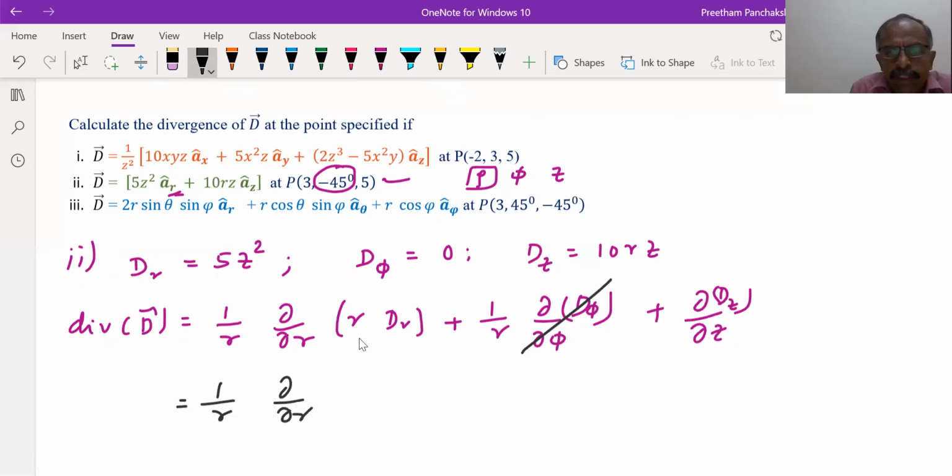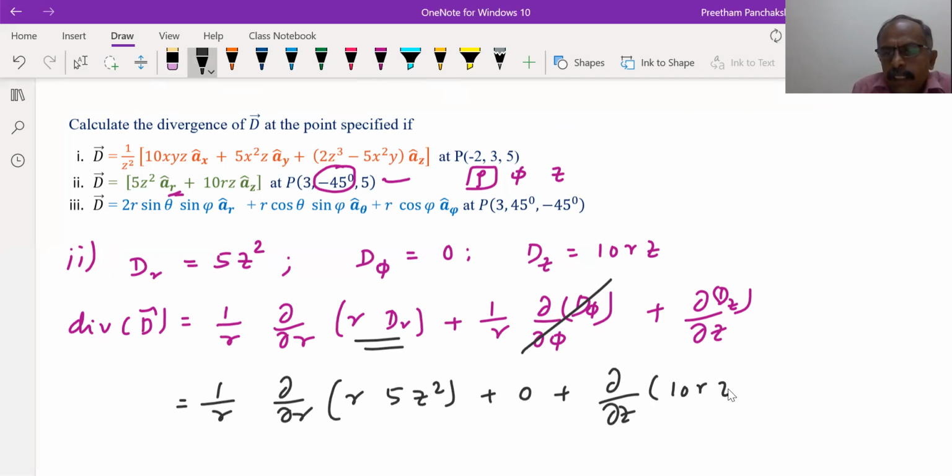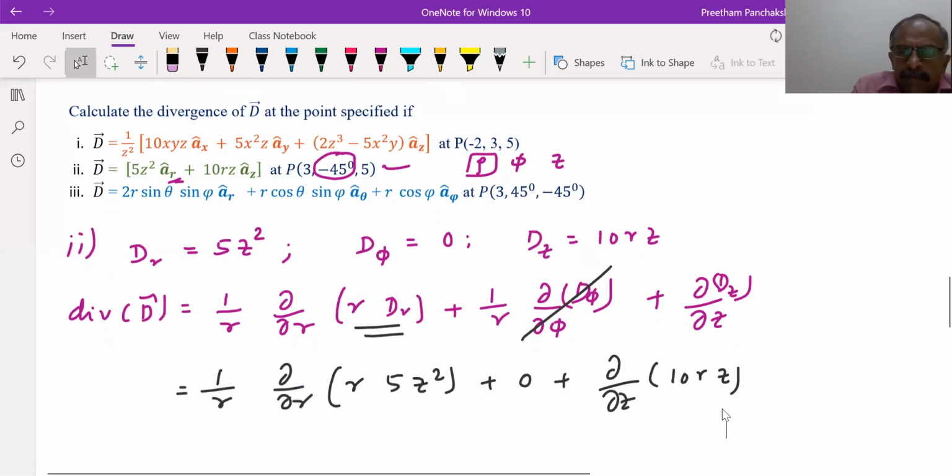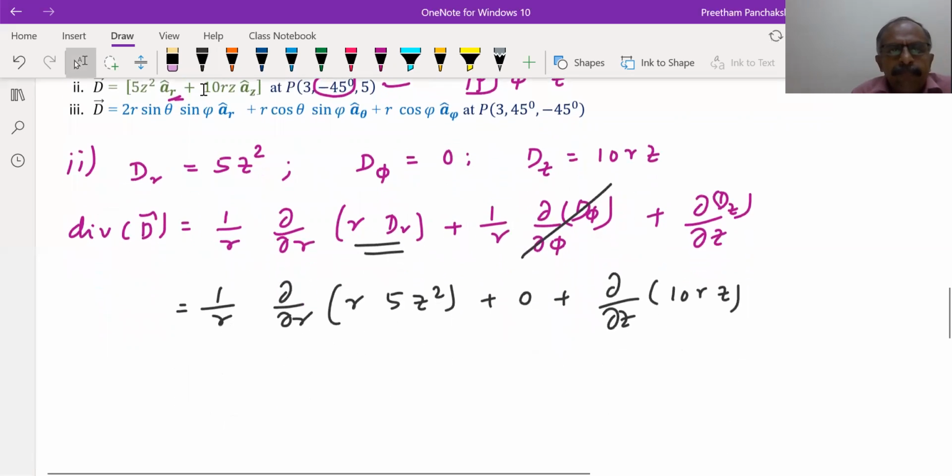We have to carry out the differentiation of the terms within the bracket only. So R into Dr, Dr is 5z square, plus the middle term 0. The last one is dou by dou z of Dz, Dz is 10Rz. So it's a very simple differentiation.